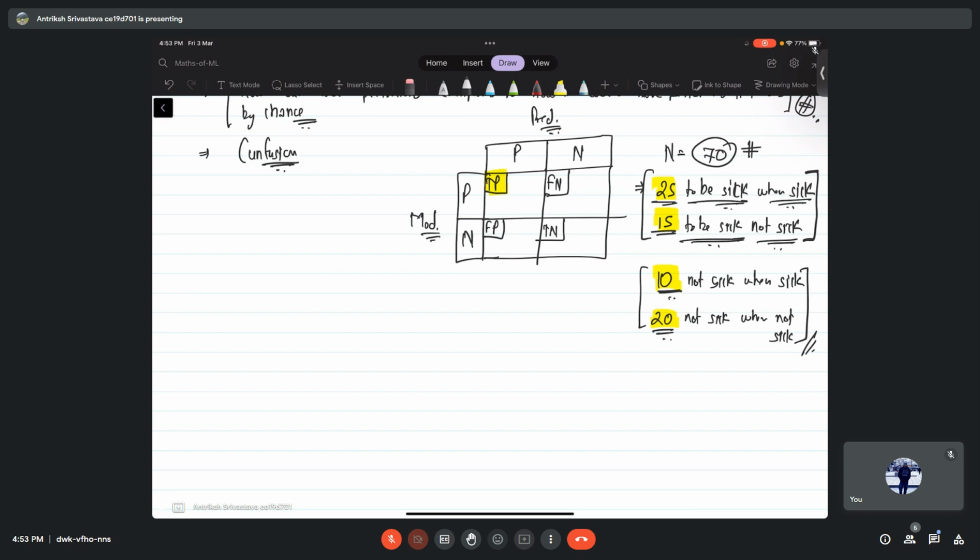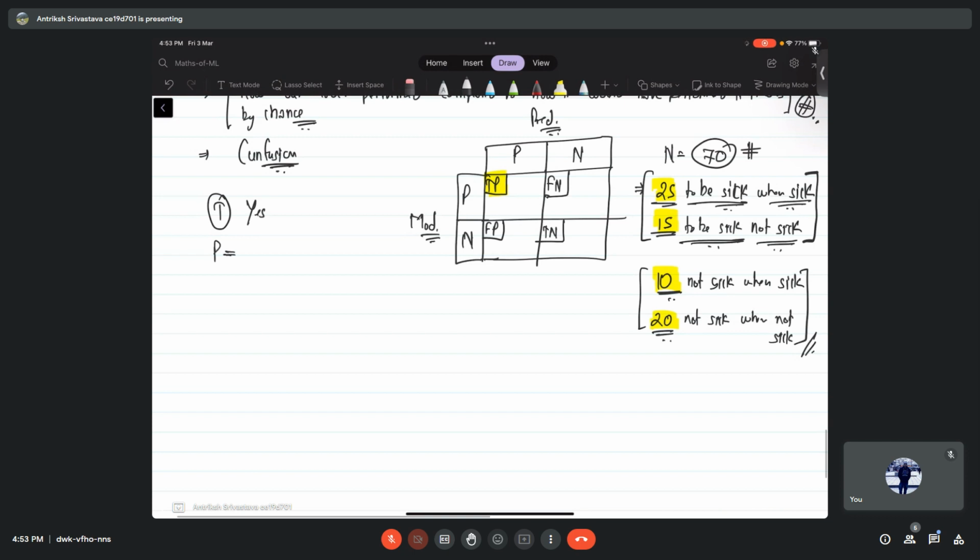If you recall what I told in the last session or the one before when we discussed this confusion matrix, first, true means that our model said yes, and positive means both are aligning, model and observation.